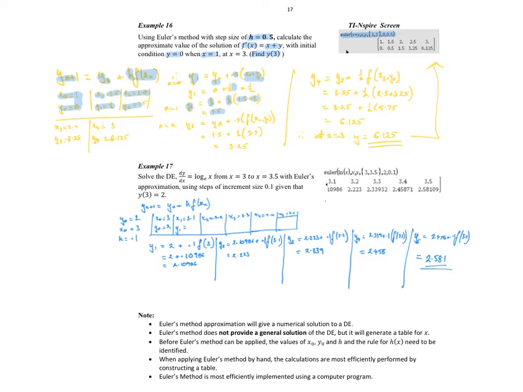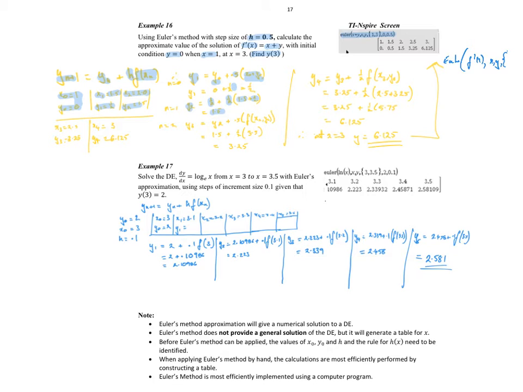If we go to Euler under our catalogue, the syntax is: Euler, the function, which is the derivative, and then you list your independent and dependent variables, which are x and y. We then want, as a set, the set of x values you're interested in.